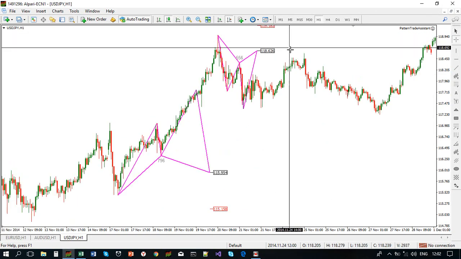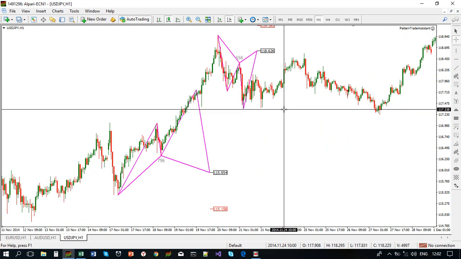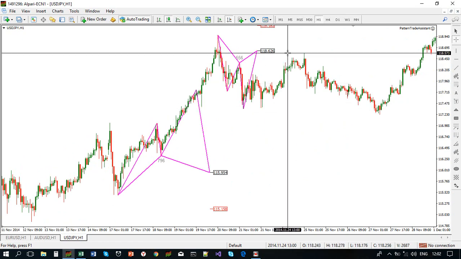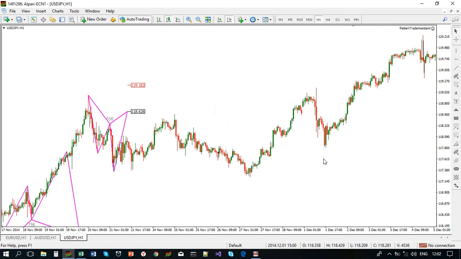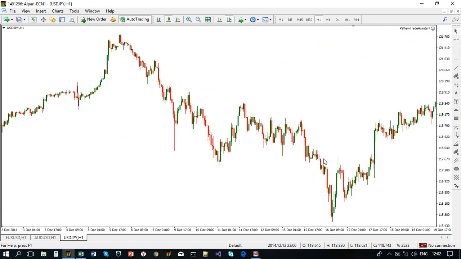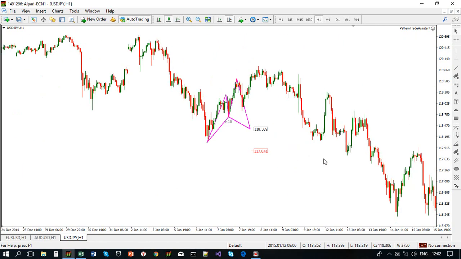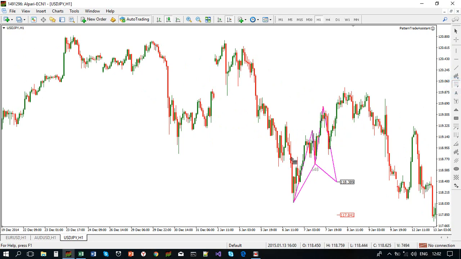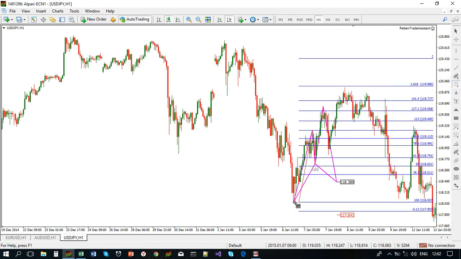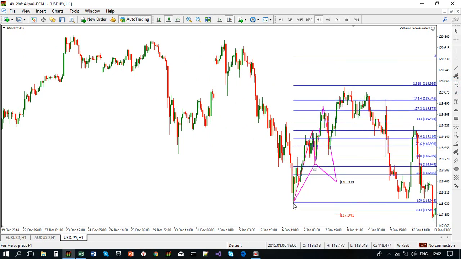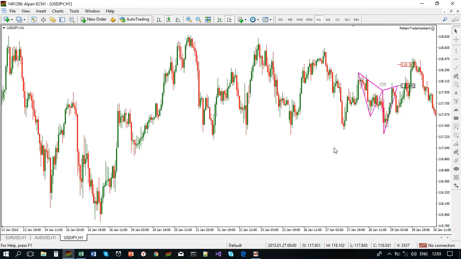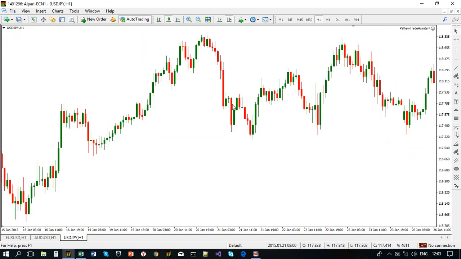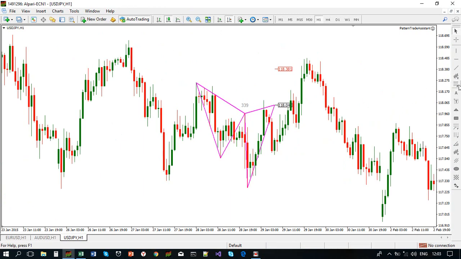No, didn't trigger. Okay, this one is validated for me. And this one closing above 1414, not valid. But this one triggers, obviously.